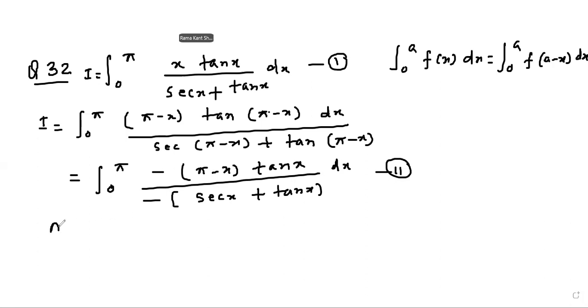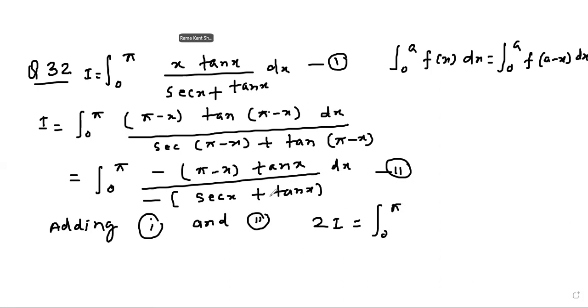Adding 1 and 2. 2i equals 0 to pi. From here, x will cancel out and we will get pi tan x dx divided by sec x plus tan x.